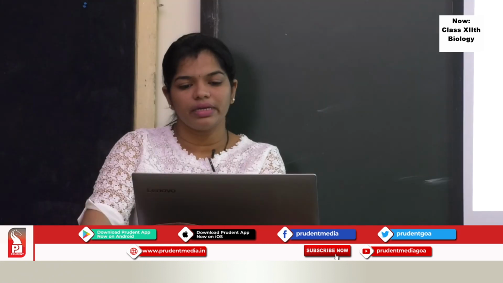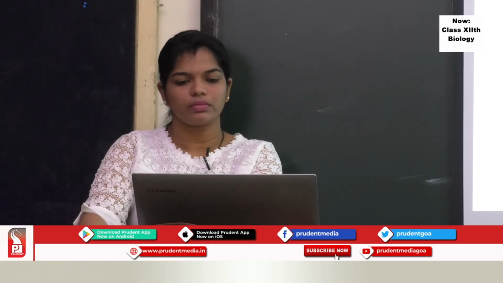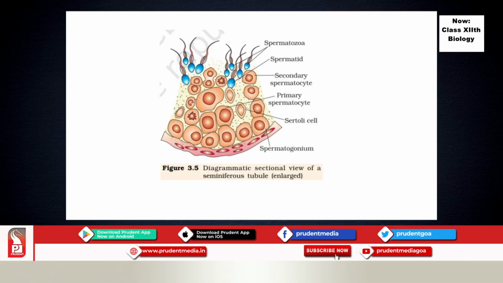Then this is the diagrammatic sectional view of a female reproductive system showing the ovaries, the ducts, then the uterus and the cervical canal and the vagina. This is the sectional view of the seminiferous tubule showing the cells inside, especially the spermatocytes and the Sertoli cells.